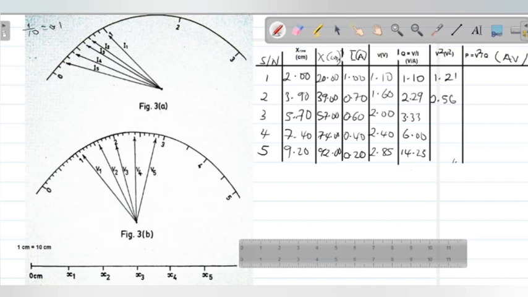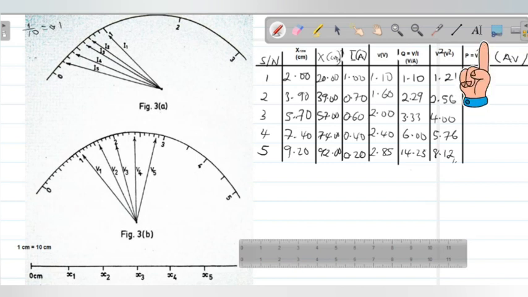When I square 2.00, that gives me 4.00. When I square 2.40, that gives me 5.76. Then when I square 2.85, that gives me 8.1225, so we'll take that to 8.12.